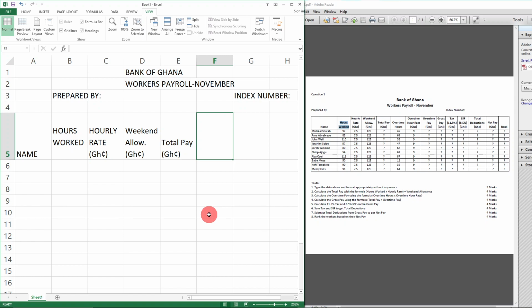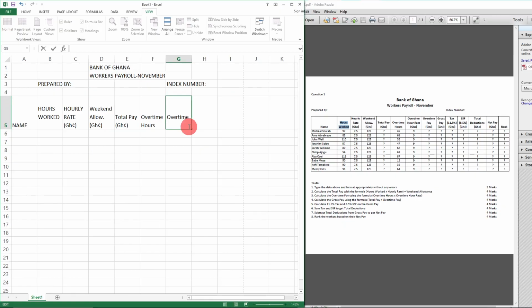So the next one is total. We are done with total pay. The next one is overtime hours. Let's move on to the next one, overtime hours, and then overtime hours rate, brackets GH, Alt 155, close it.